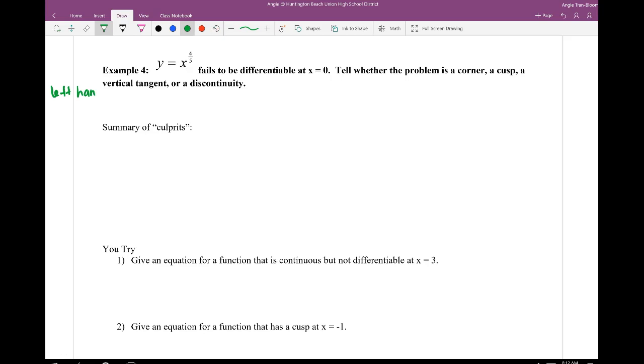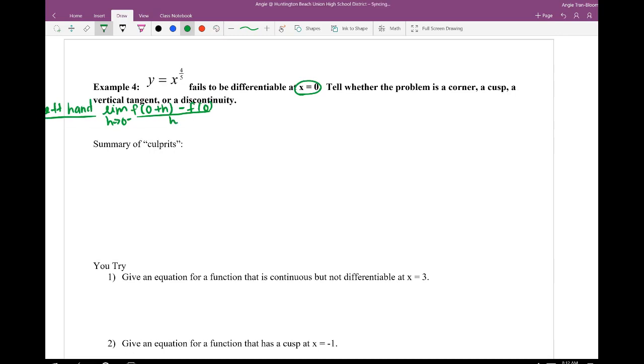Left-hand limit, okay? So by definition, it's the limit as h approaches 0 from the left of this function. So we're going to go f of, and it says that x equals 0. So we're going to go f of 0 plus h minus f of 0 all over h.